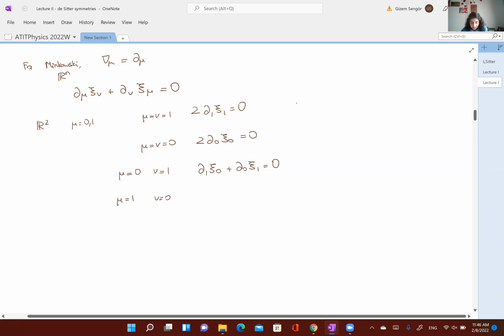So to find the Killing vectors of R2, you have to simultaneously solve these 3 equations. Altogether this vector is like this. But because we're on flat space, it's easy to raise and lower indices, so it doesn't matter. And these components need to solve each one of these equations simultaneously.